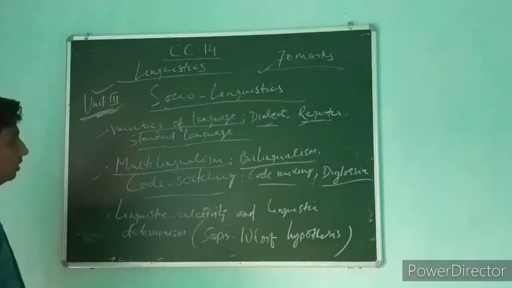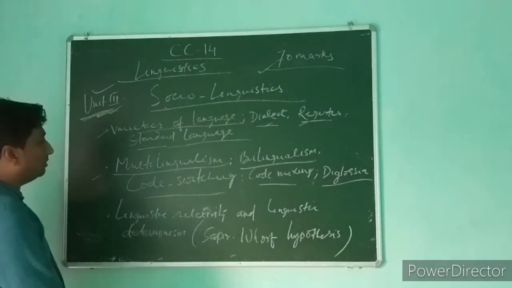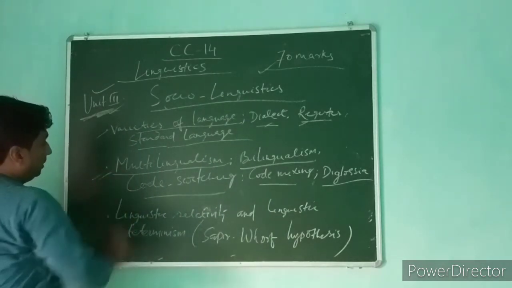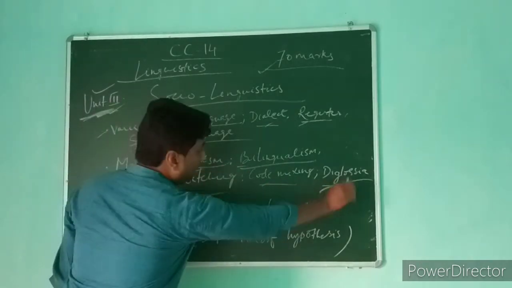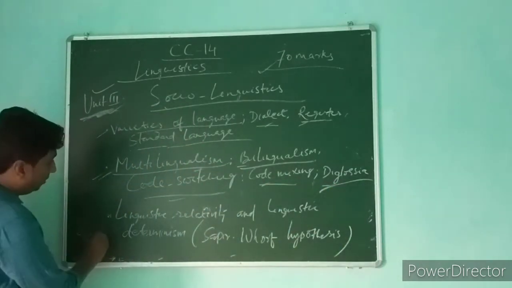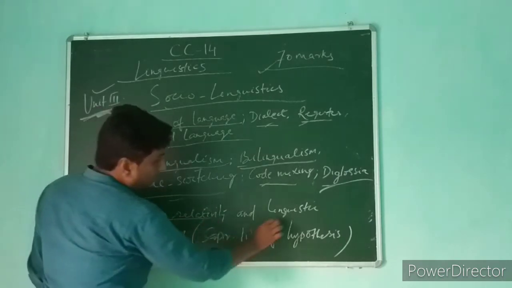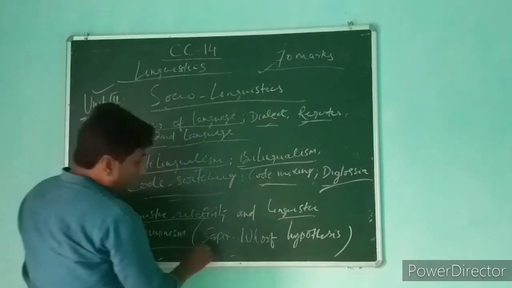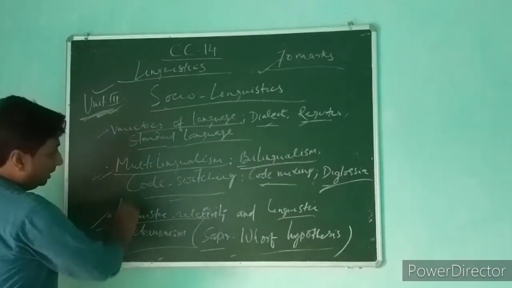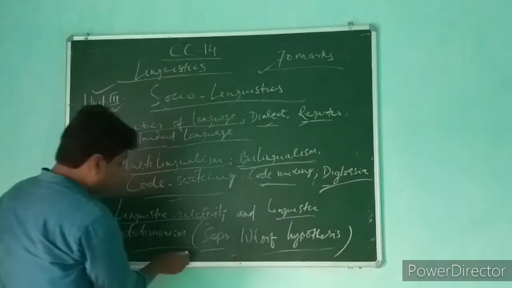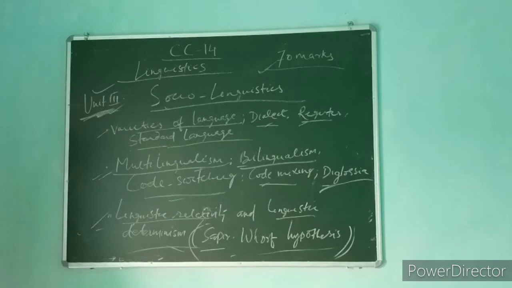So these are the 5 key concepts that we have to study within this subtopic. And the last subtopic within this unit is linguistic relativity and linguistic determinism, in the context of the Sapir-Whorf hypothesis.